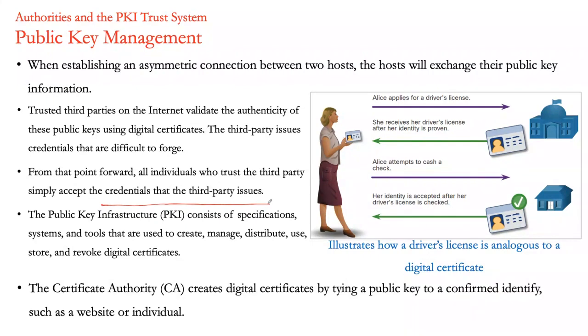So the public key infrastructure consists of the specifications for identification purposes and the system which is used, whether a single-tier or multi-tier system of certificate issuing authority, and the tools that are used to create these digital certificates, whether they are using the RSA algorithm or secure hash algorithms, the elliptic curve algorithm or the digital signature standard.